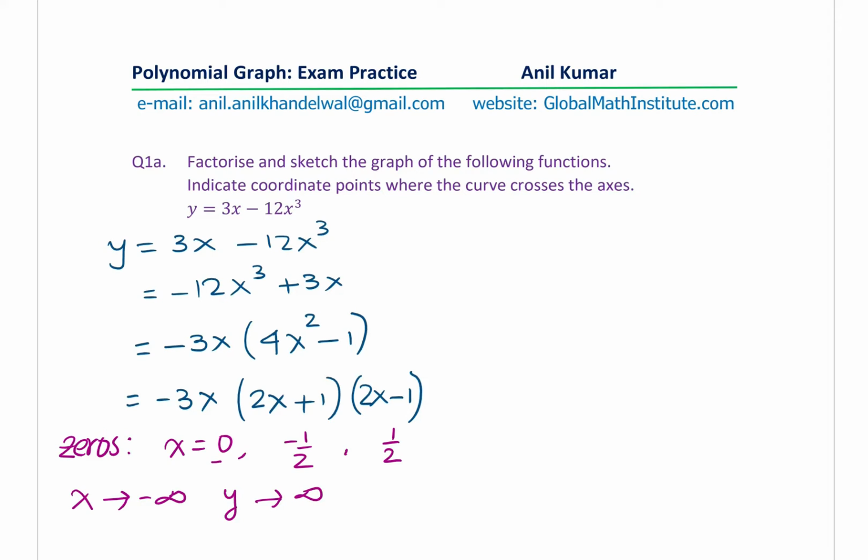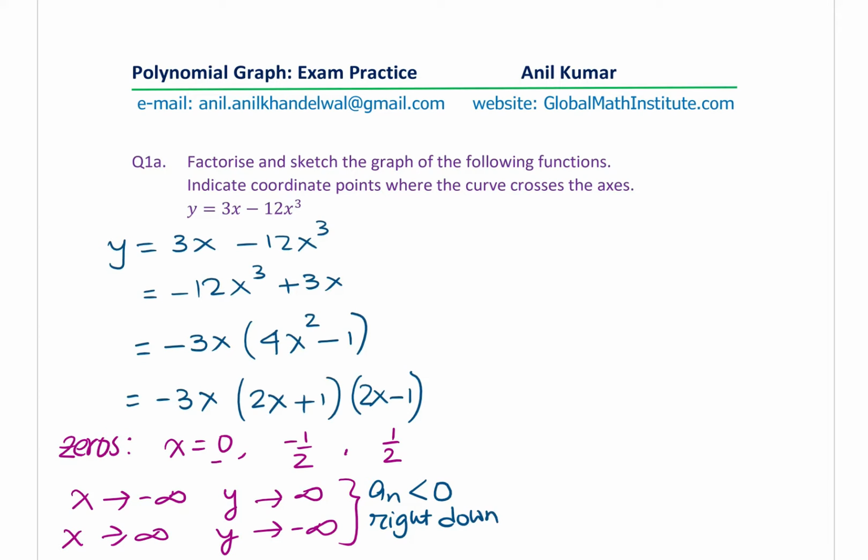The right side is going to be down. That is to say, when x approaches positive infinity, y will be going to negative infinity, because we have the leading coefficient less than 0. So the right side is down.